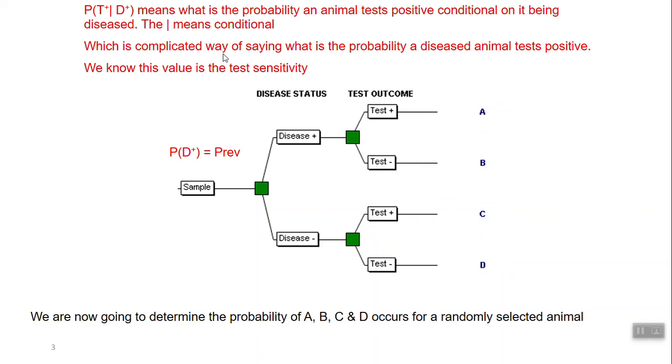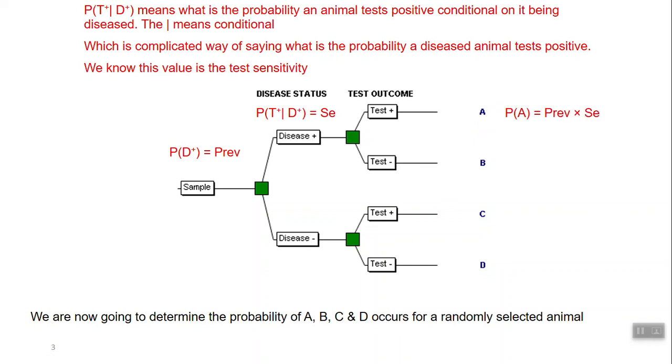And this vertical line that you see here means conditional. Or another way of saying it is, what's the probability that we test positive given we have disease? And that is really just asking us about the test sensitivity. Okay, so the probability that we test positive given we have disease is simply the sensitivity.